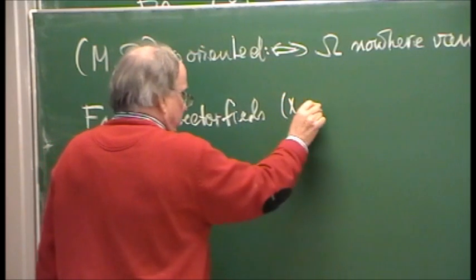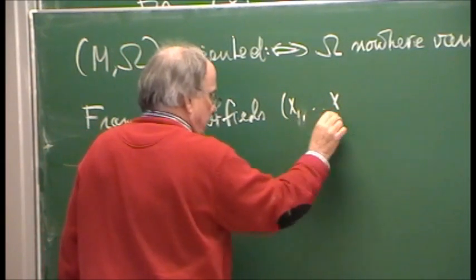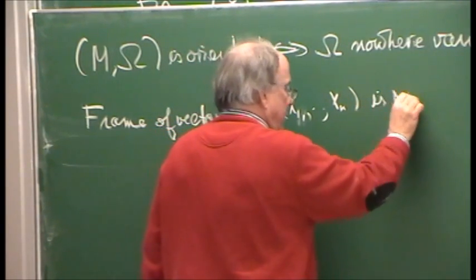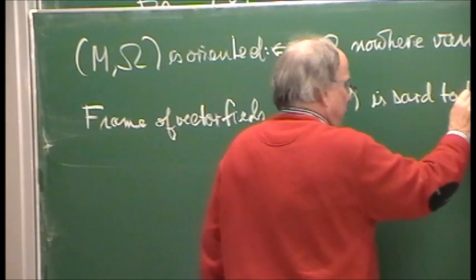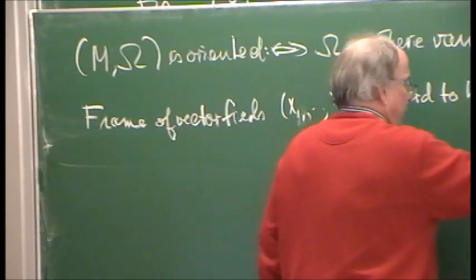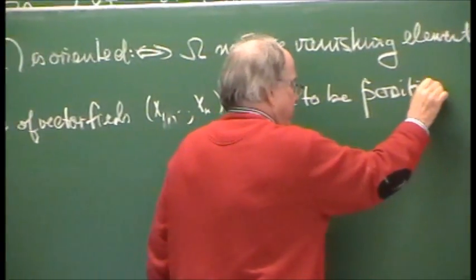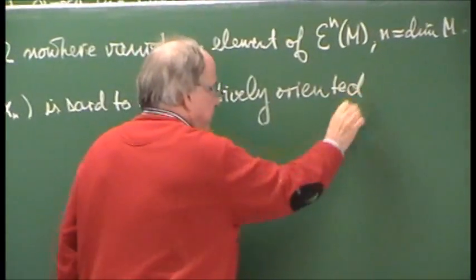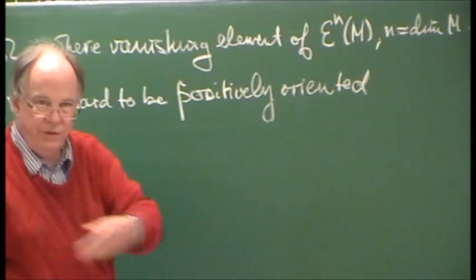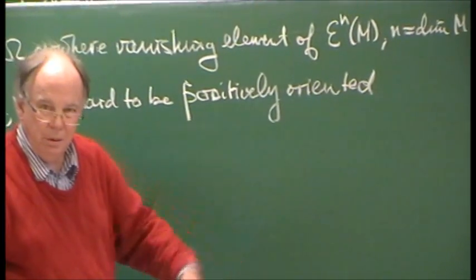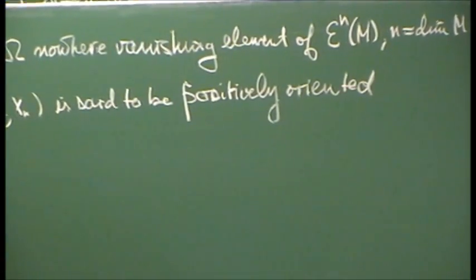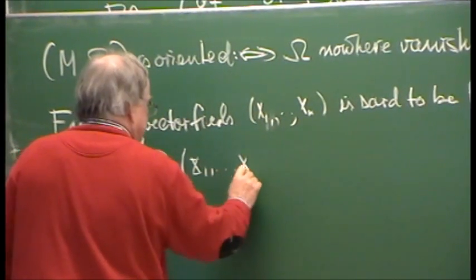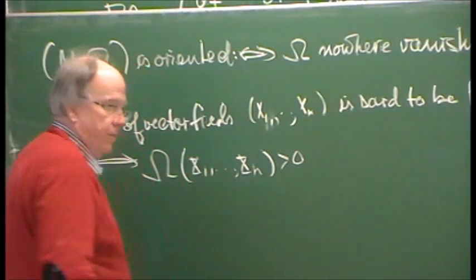Say x1 through xn, some local frame of vector fields, is said to be positively oriented if you stick in these vector fields and get a positive number. That is, if and only if omega of x1 through xn is positive.